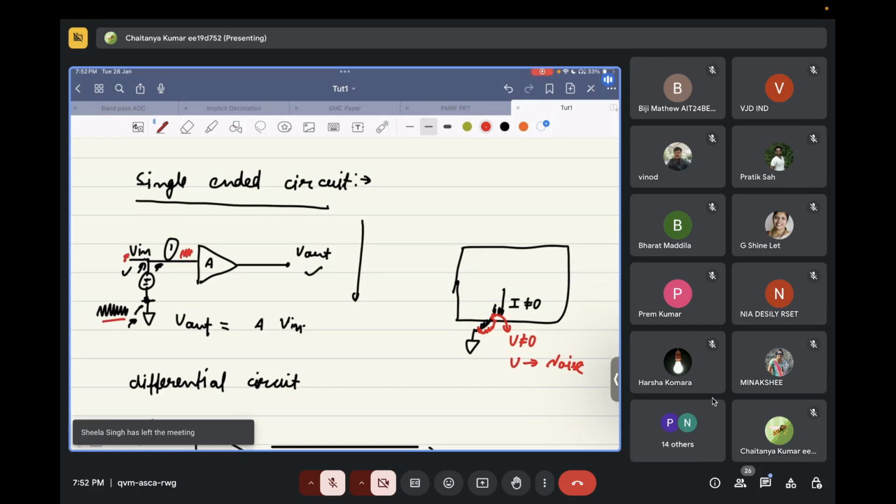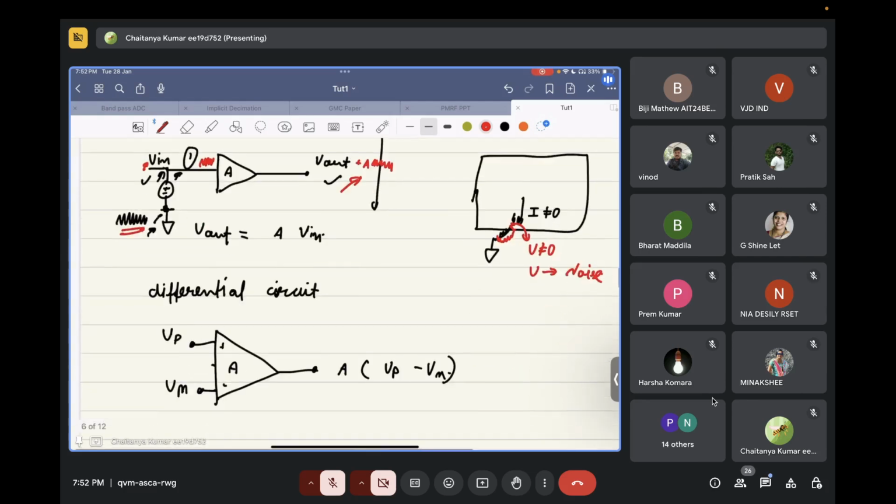That same noise will come at your input voltage also, and it will get amplified with your A times the input. This way, the noise of the ground can also come up at your output voltage, and this is not a good thing.